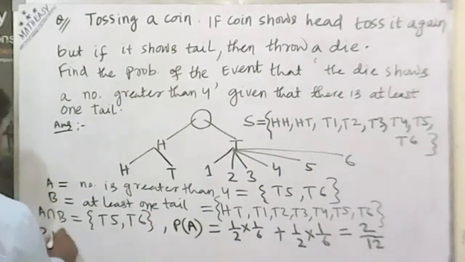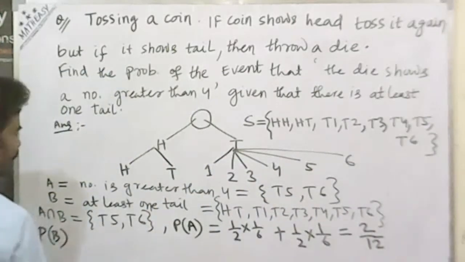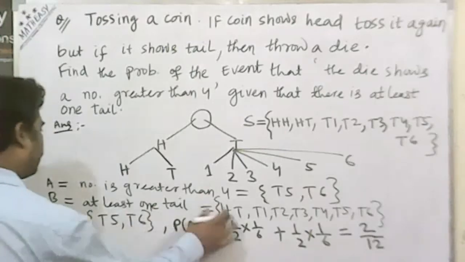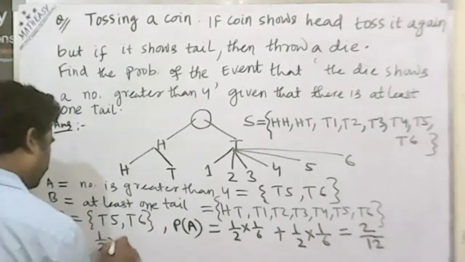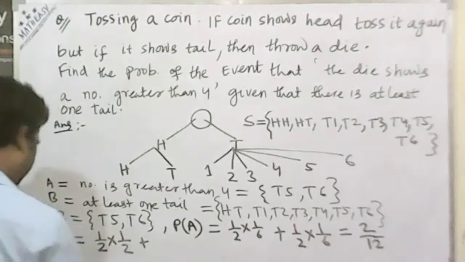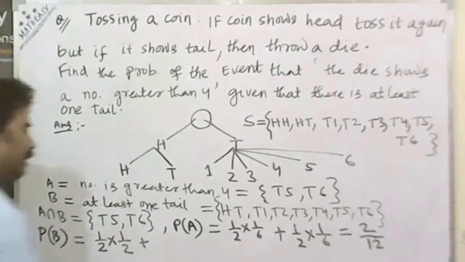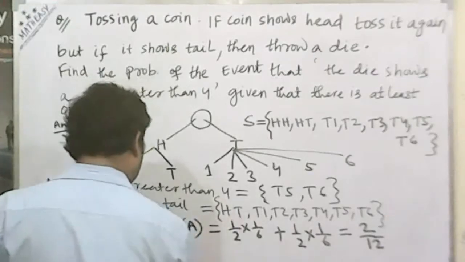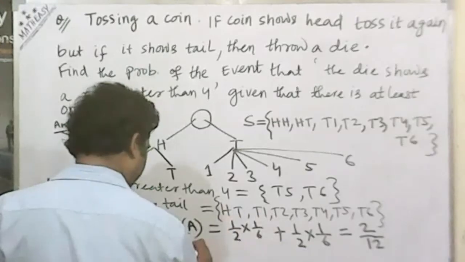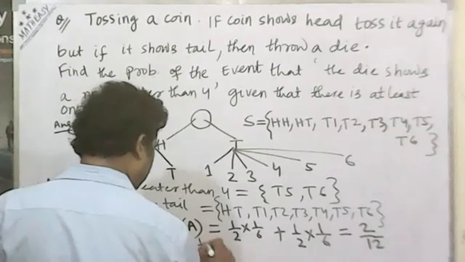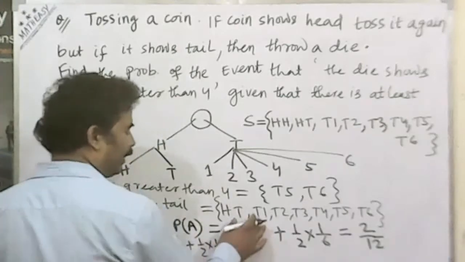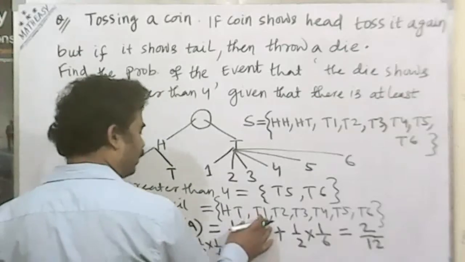Similarly, probability of B is equal to, that is H and T. For H, the probability is 1 by 2. For T, that is 1 by 2, plus, for T, that is 1 by 2, and for 1, that is 1 by 6.